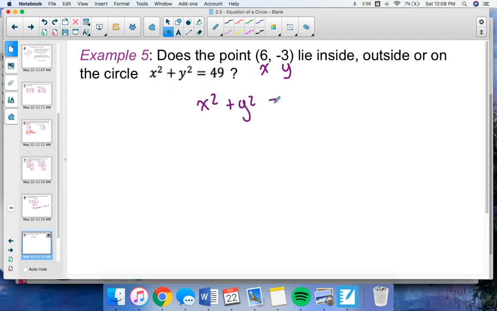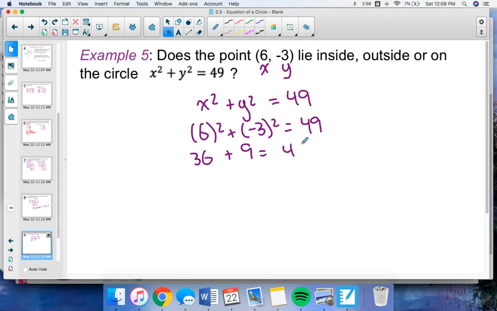I'm just going to rewrite it here. So if we have 6 squared plus -3 squared compared to 49, evaluate that. So we have 45 something 49. Okay, so this is when you need to remember your symbols: less than, greater than, or, well, you know your equal signs. So 45 is less than 49.